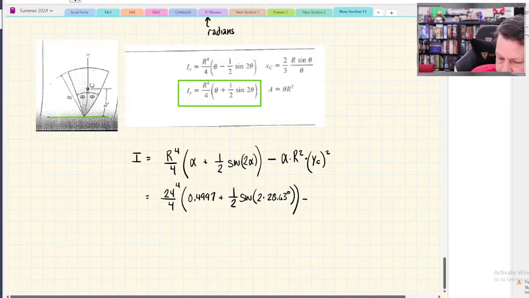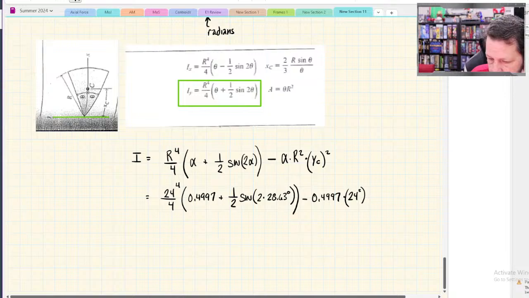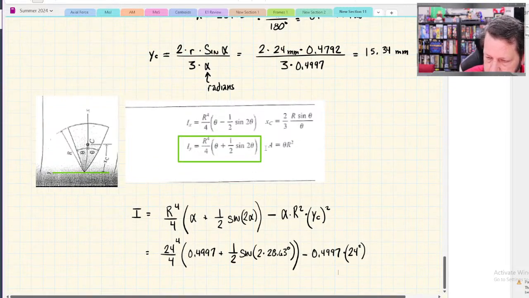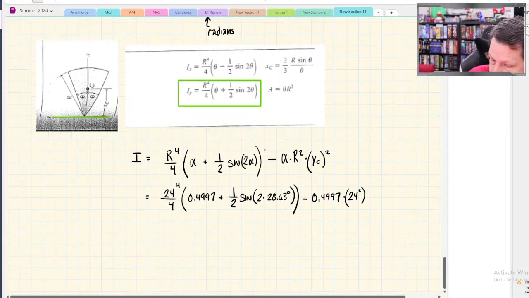Minus alpha. This alpha needs to be radians, so I'm going to go back to the 0.4997 radian version, times my radius, 24 millimeters. That is just the R squared, not the theta R, or alpha R. And then Y sub C, I think we calculated that, 15.34 millimeters squared.